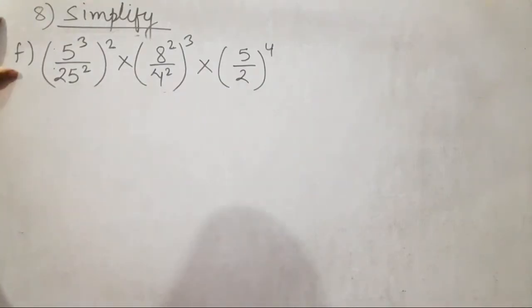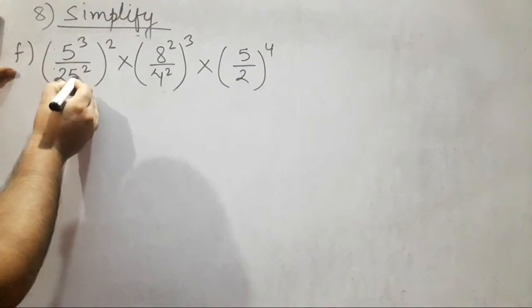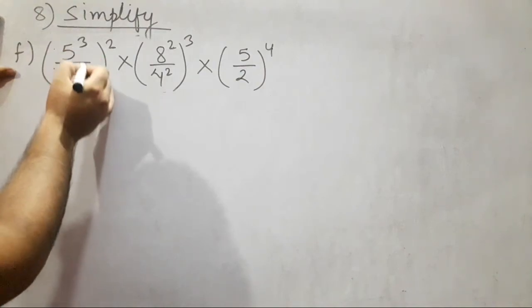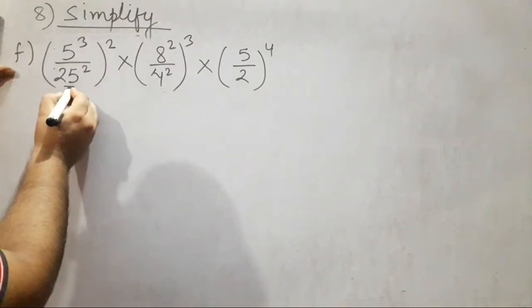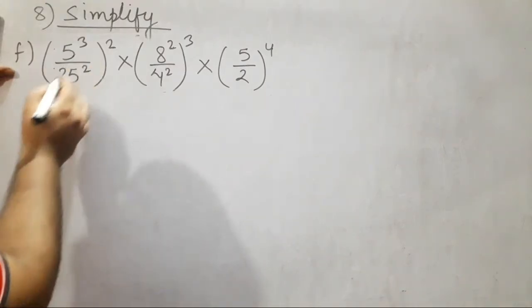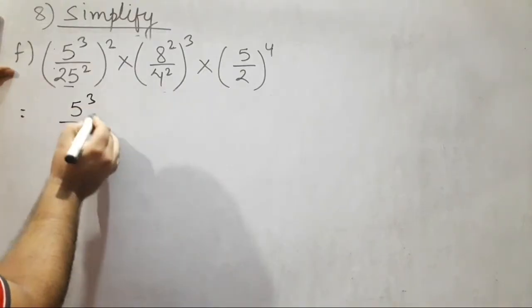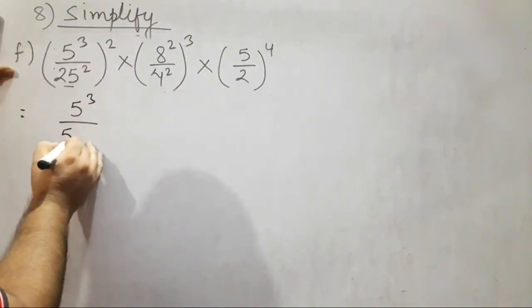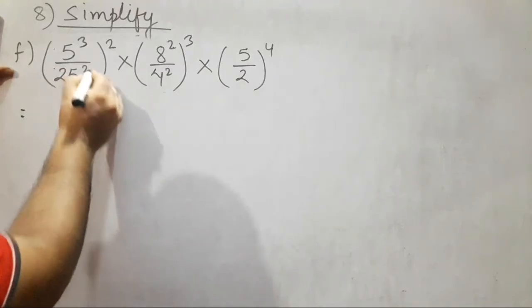Question number F. Now let's see in this part, here the bases are different as well as the powers are also different. Now we have to change this base 25 into the base 5. So 5 power 3 by 25 can be written as 5 power 2 into this remaining power 2.